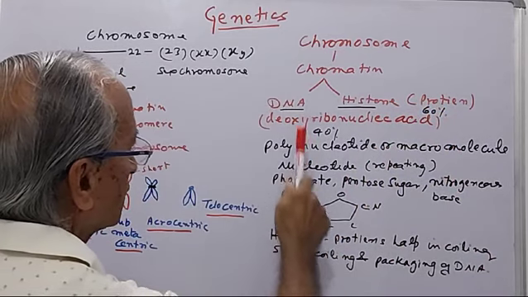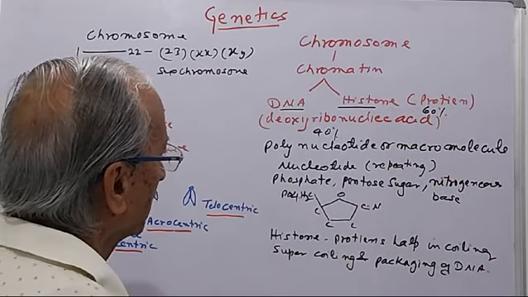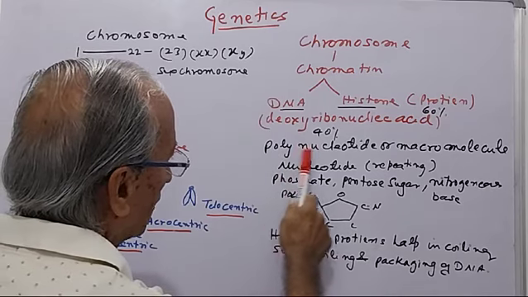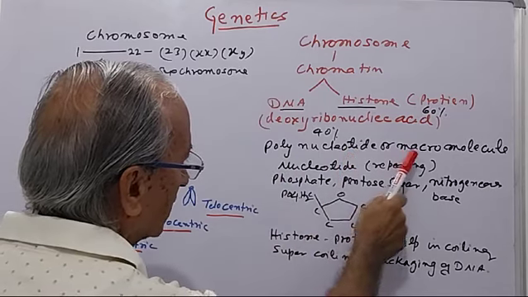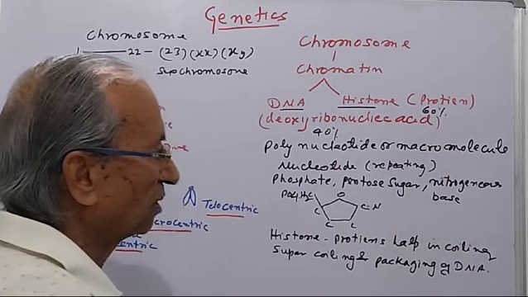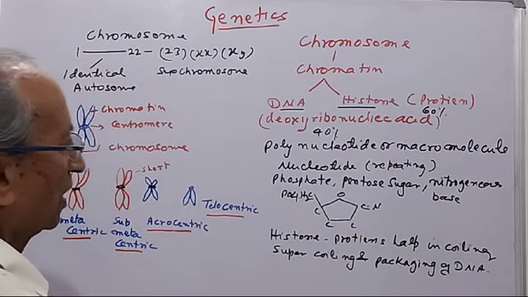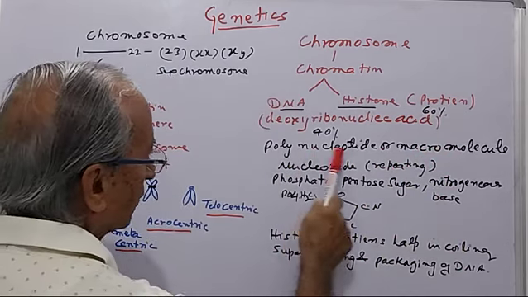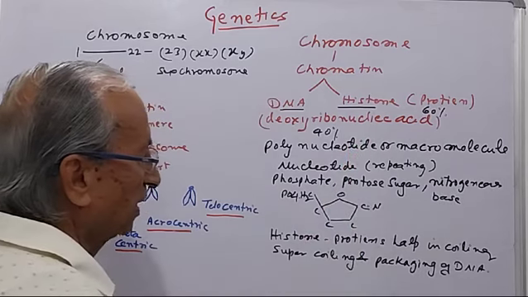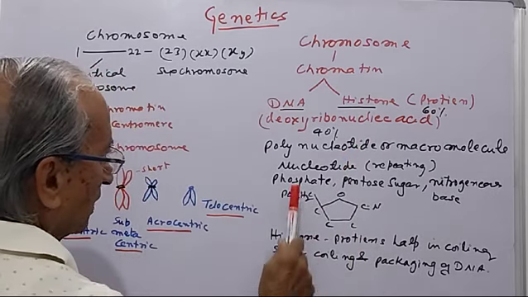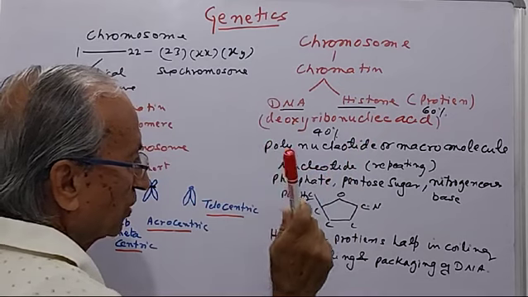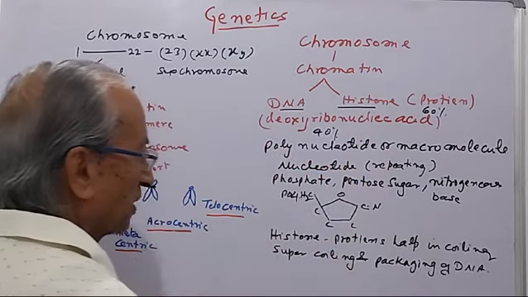Now this DNA is very important. It is also known as a polynucleotide, or we say it is a macromolecule. It is a polynucleotide, which means it has a repeating unit, that is the nucleotide, a single unit.